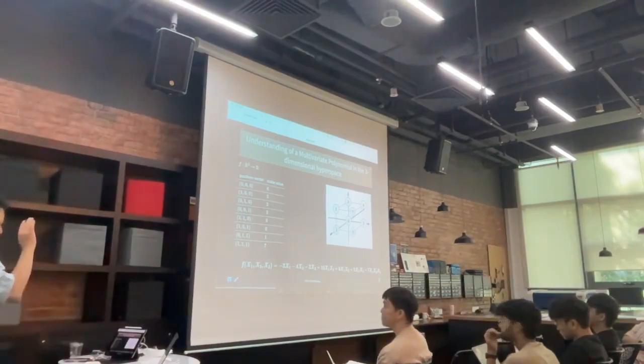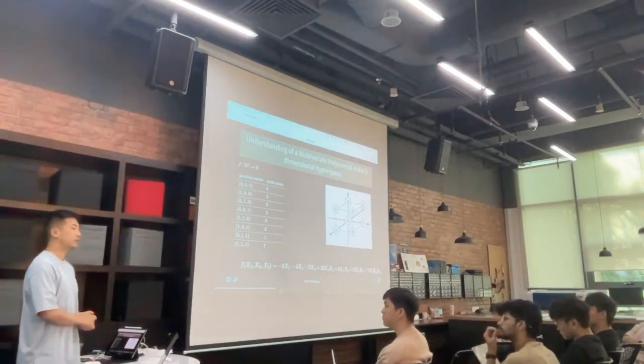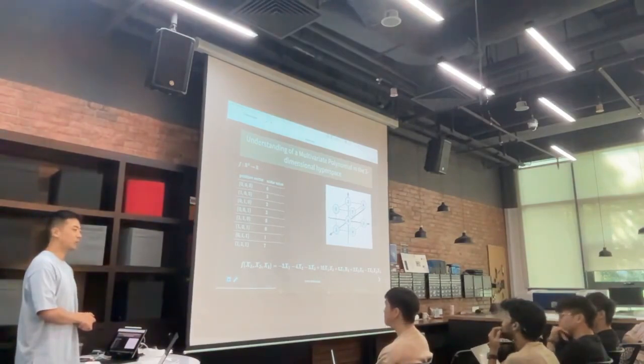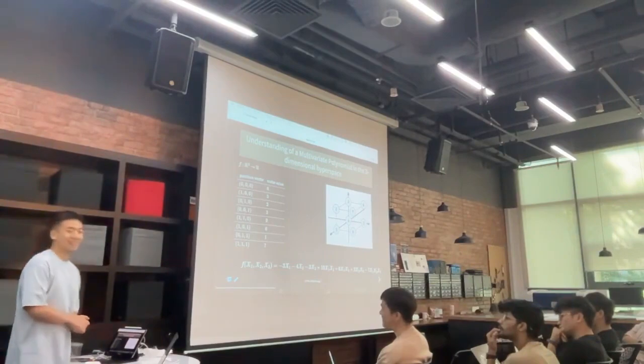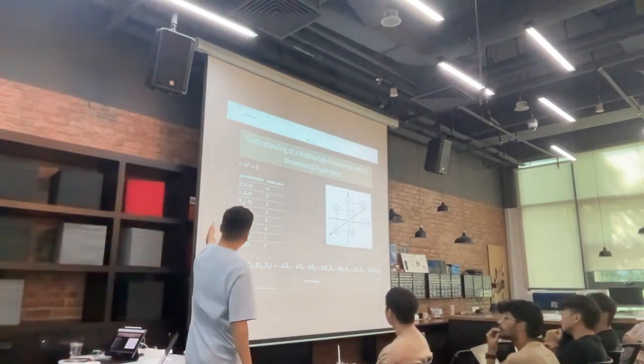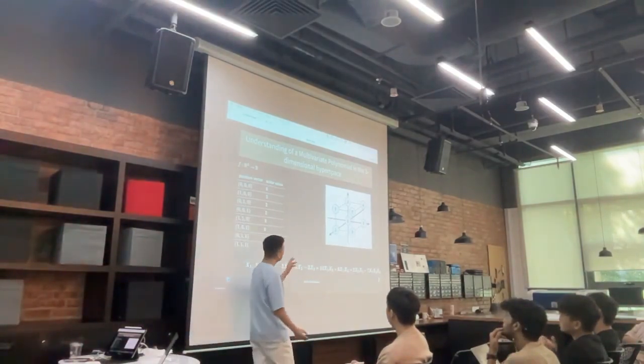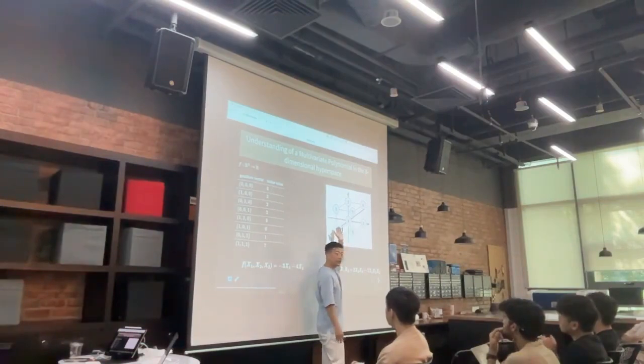Have some of us heard of the multivariate subject stuff? No? Maybe has anyone heard of the Boolean hypercube? Actually, this is called the Boolean hypercube. So it looks like a cube, right?